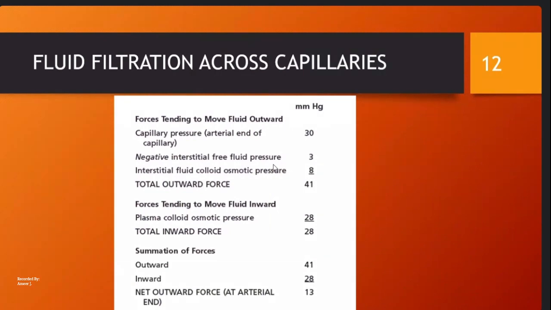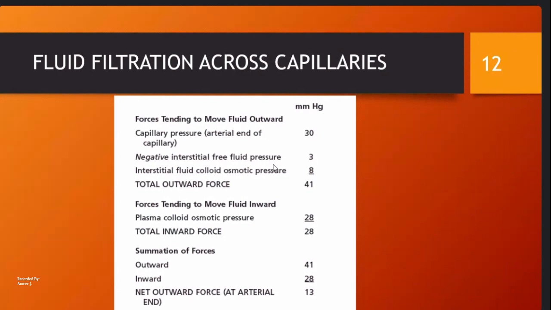The force that tends to absorb water from the interstitium back into the capillary bed is just one force, and this is the plasma colloid osmotic pressure, which is about 28. Therefore, the total inward force is about 28.